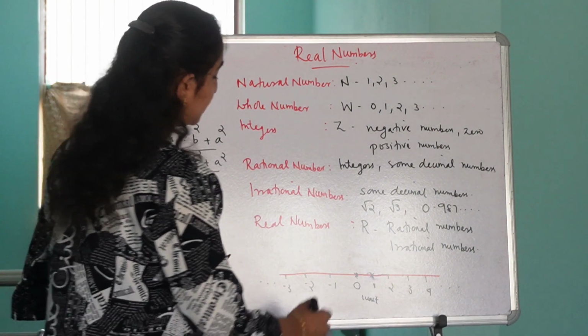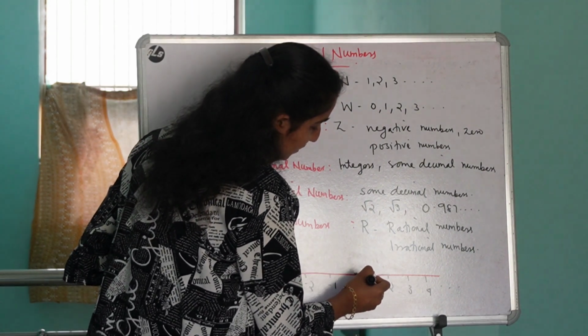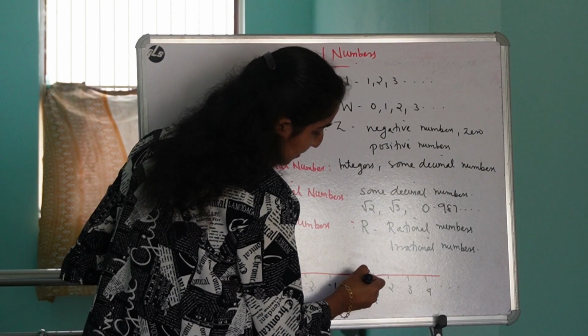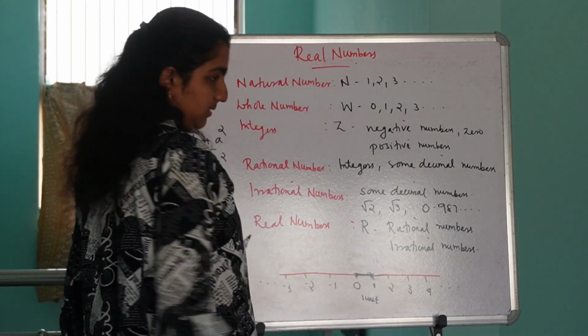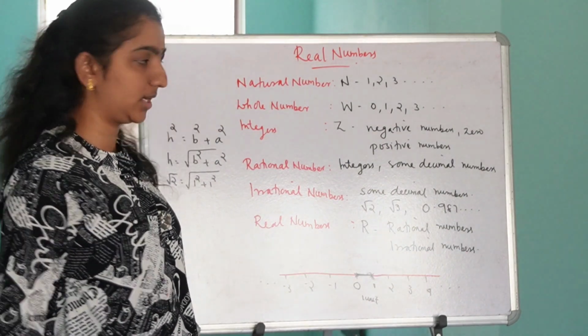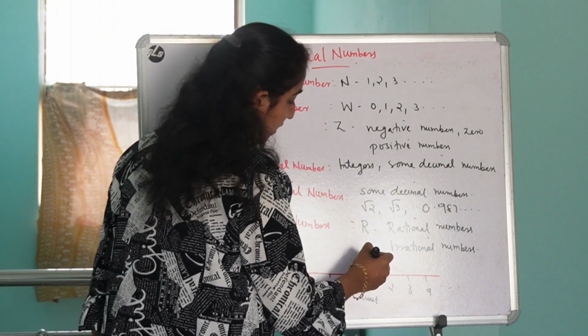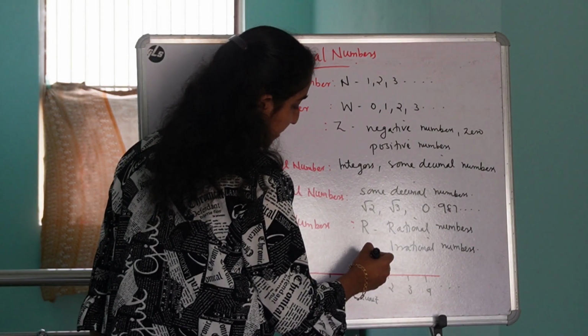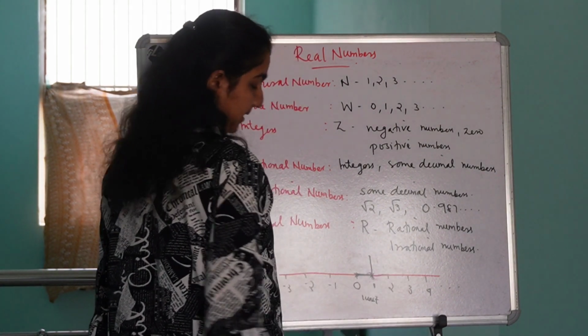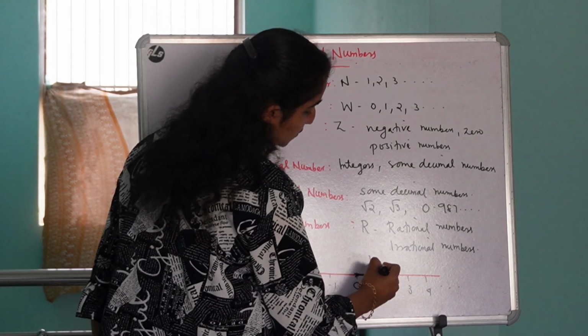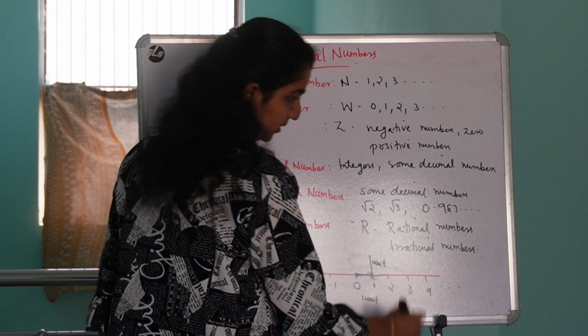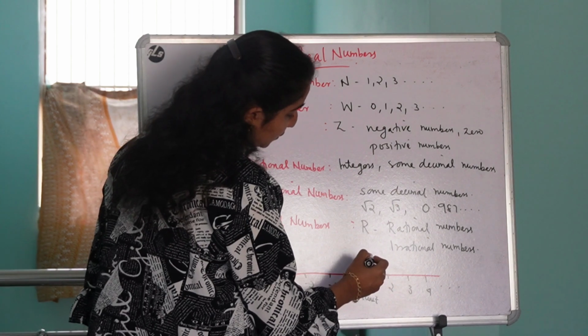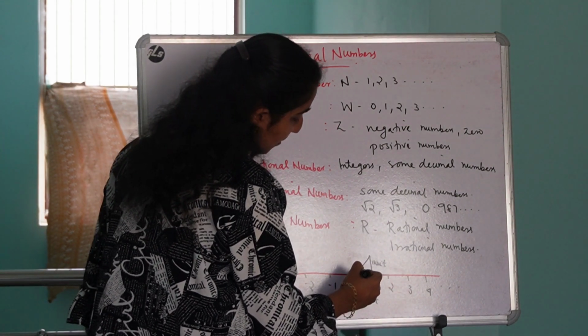So let me consider this as the base of the right triangle. Now I am going to draw a line perpendicular to the point 1, whose length is also equal to 1 unit.